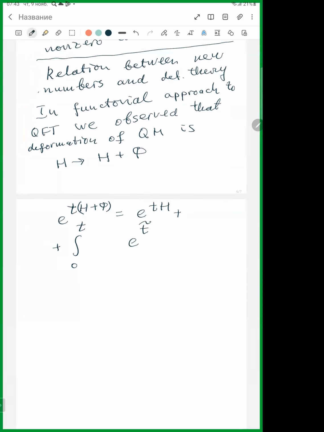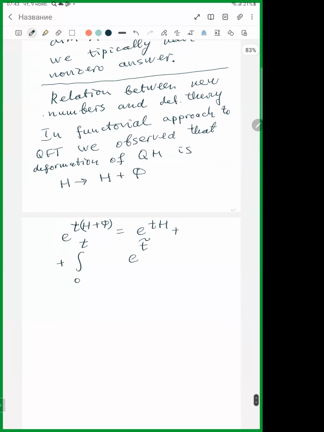T tilde H pi T minus T tilde H plus higher terms.